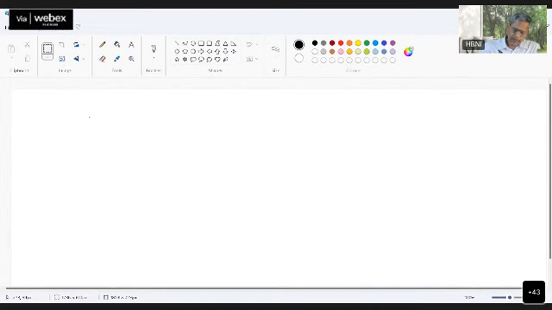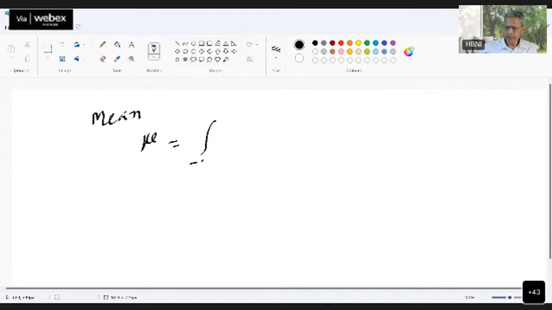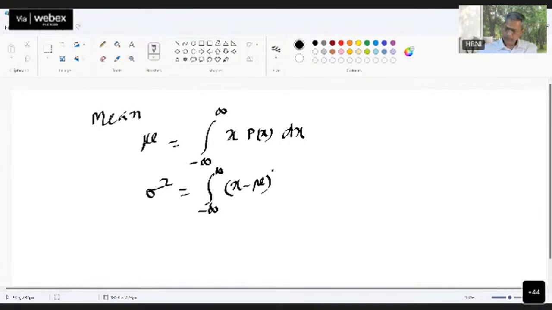Suppose for a continuous distribution, you can write your mean, normally, equal to, for a normal distribution, the integral of x p(x) dx, and similarly you write sigma square, the variance, as the integral of (x minus mean) square p(x) dx.